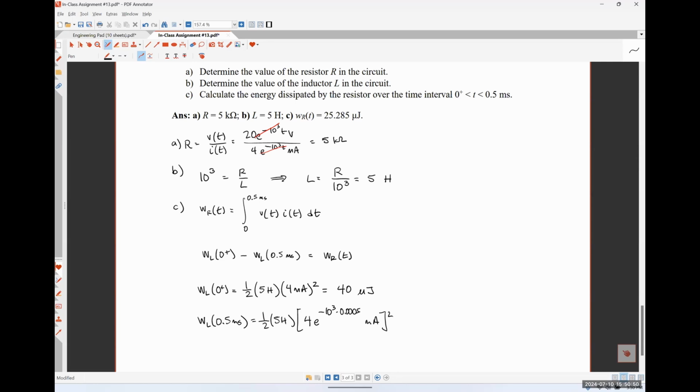So 0.5 times 5 times (4e to the negative 0.5) quantity squared comes out to be 14.715 microjoules.